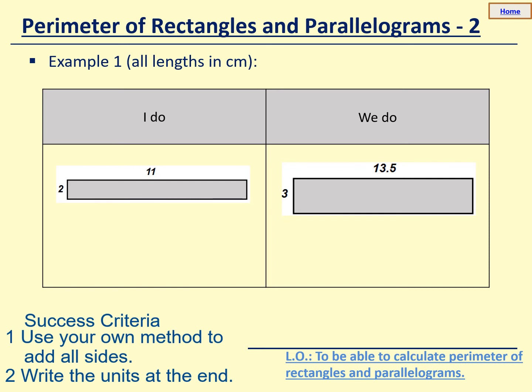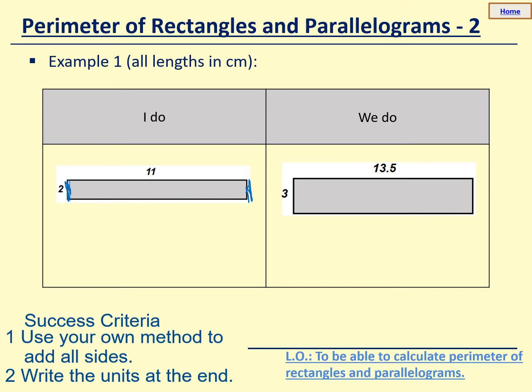This time, not all sides are given the length. Actually, there are, but we just need to work them out using the properties of rectangles and parallelograms, which is that opposite sides are equal or parallel sides are equal. So we know that this side and this side are equal.